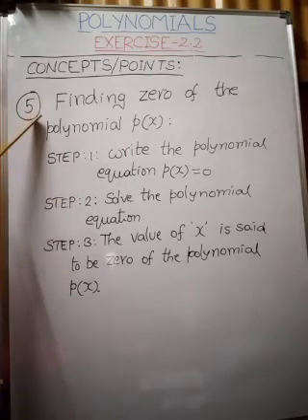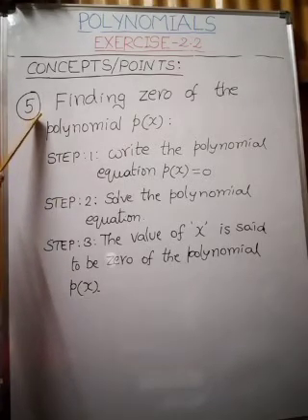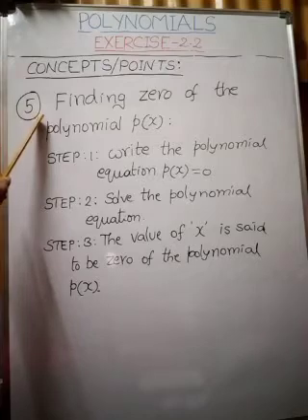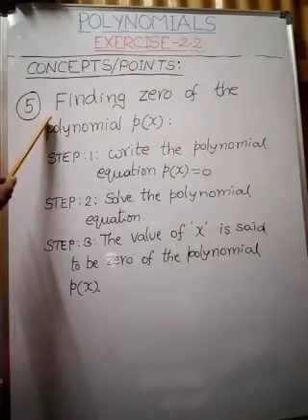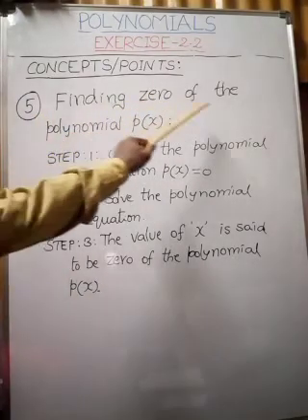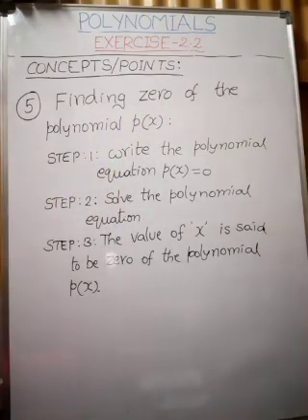Now come to the next point. That is fifth point, my dear children. We have discussed 4 points. Now come to the fifth point. Finding zero of the polynomial p of x. How to find? In this point, we discuss how to find zero of a given polynomial p of x.